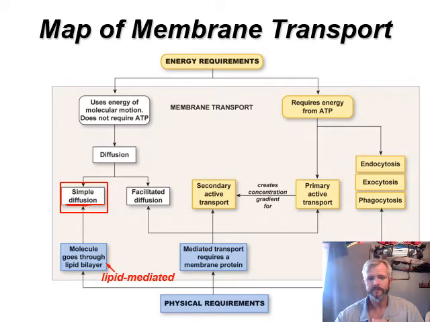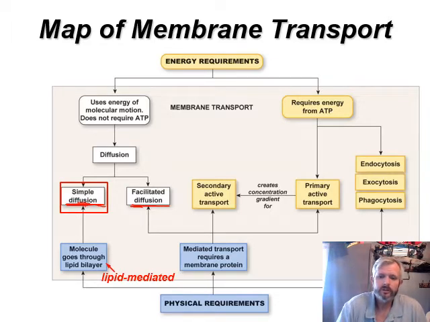In simple diffusion, because there's simple diffusion and facilitated diffusion, they both are passive transport or passive movements of molecules, but what's different is in simple diffusion, the molecules can move directly through the plasma membrane.